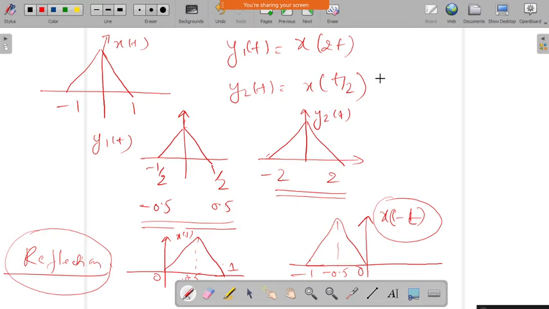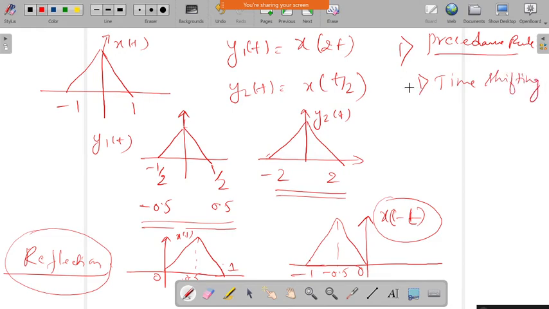Now, there is a precedence rule. Which operation do we need to do first when all the operations are given in a single signal? So that rule is the precedence rule. First, we always need to do the time shifting. Then we have to do the second one, time scaling.